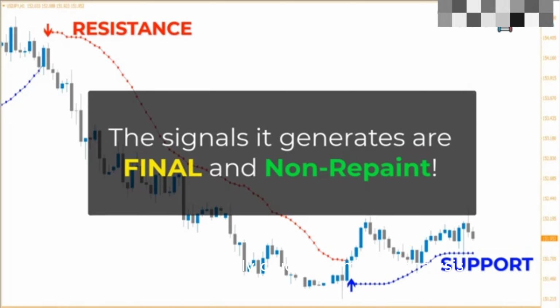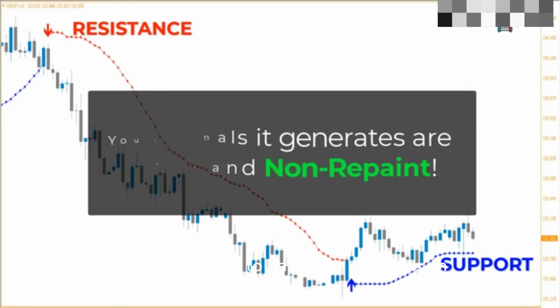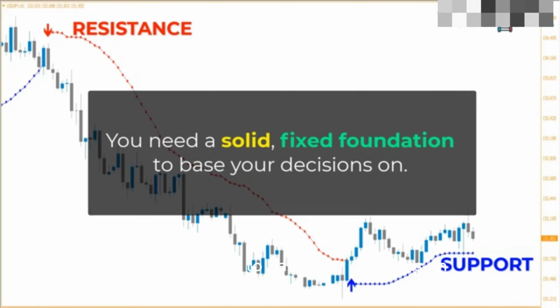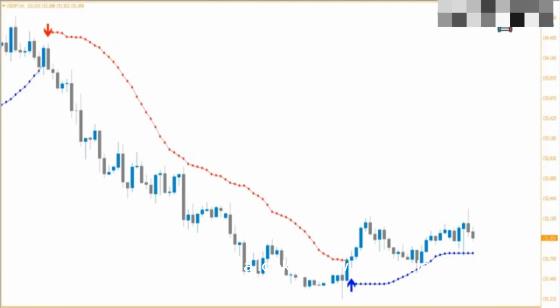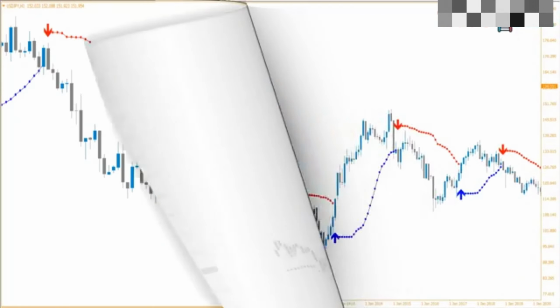This is absolutely crucial for market analysis, because you need a solid, fixed foundation to base your decisions on. Before you even apply this indicator, you can already be confident that it provides real, actionable insights, not just random noise.